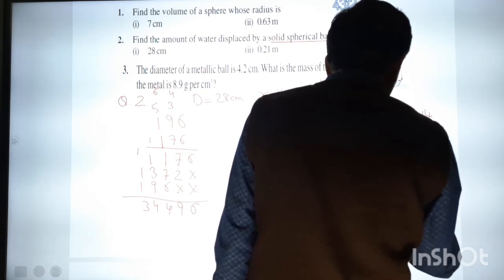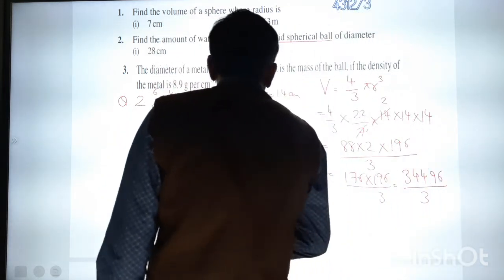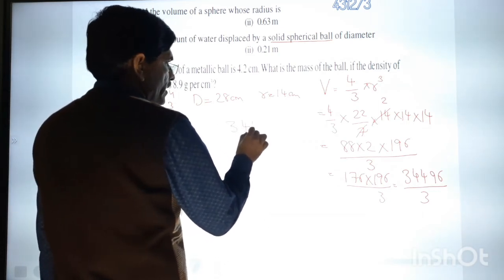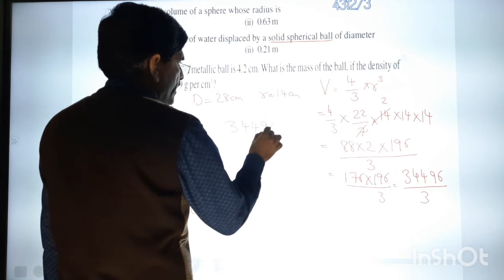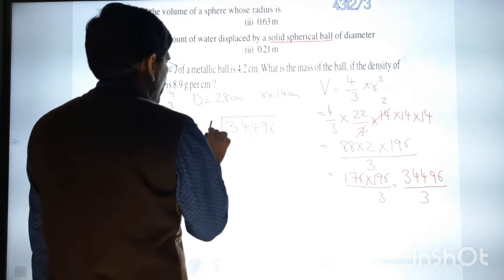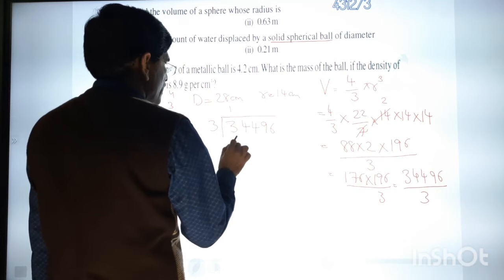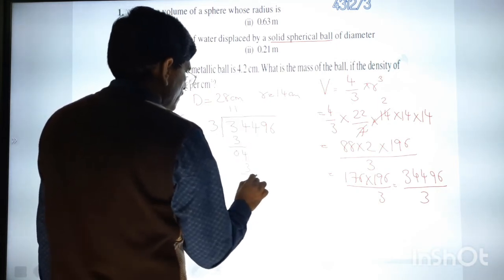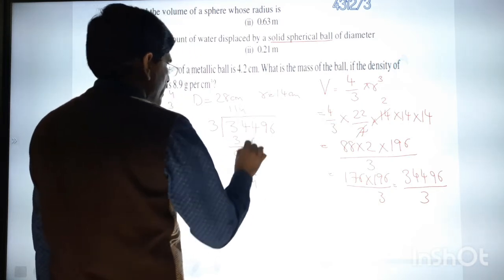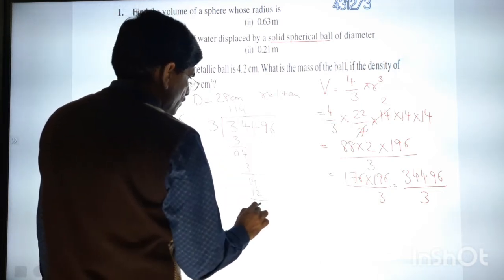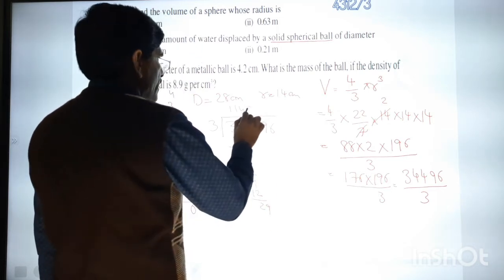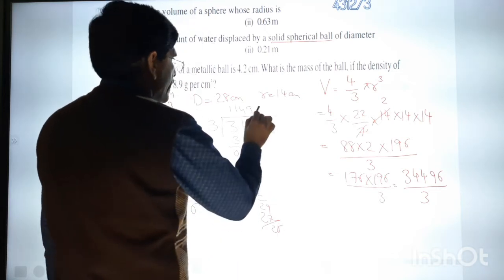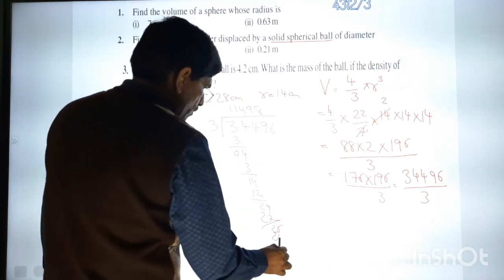Otherwise how can we divide it? So I kindly request, solve this sum in your rough book fast and give me the answer, so we can understand that our answer is correct. 3 ones are 3, 0, 4, again 3 ones are 3, 4, again 3 fours are 12, again 2. 3 nines are 27, again 2. 3 eights are 24.